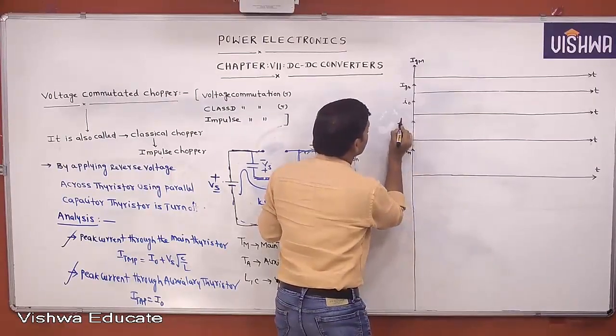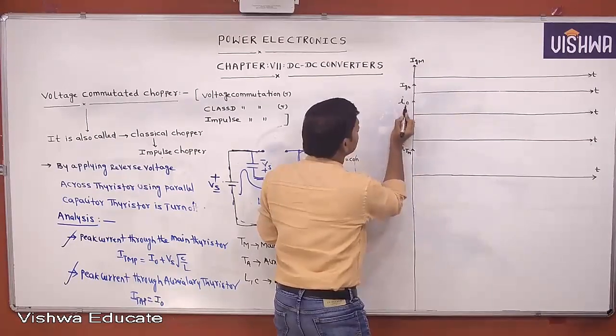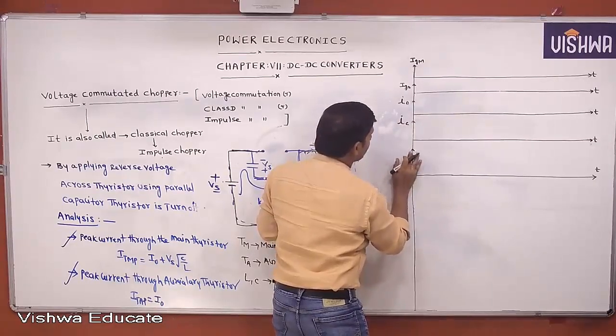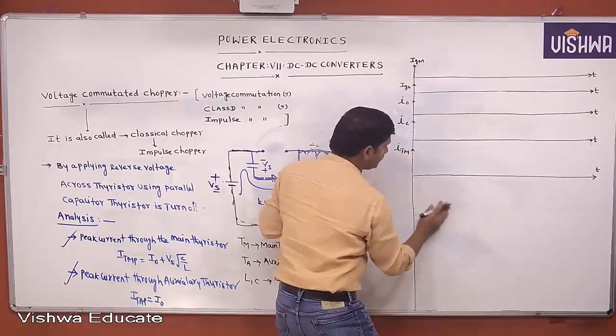This is the capacitor current, this is the load current, this is the main thyristor current. Okay.